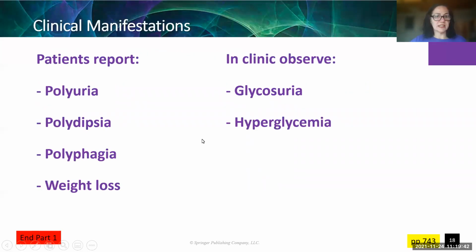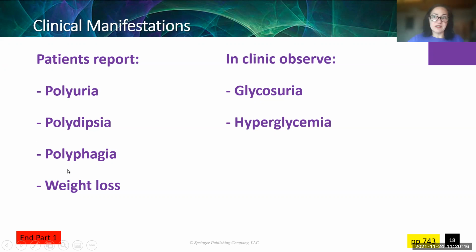So the clinical manifestations, to wrap this up: patients will report polyuria. They pee all the time, because of what's happening inside the kidney, where the glucose stays in the tubule and then all of that extra water goes in and they're peeing out all the extra water. They're incredibly thirsty, so polydipsia. Remember, there's plenty of glucose, but the cells can't transport it in because there's no insulin to tell the cells that there's glucose available.